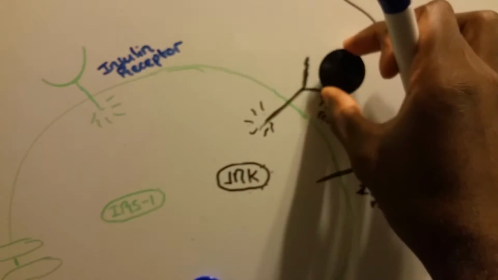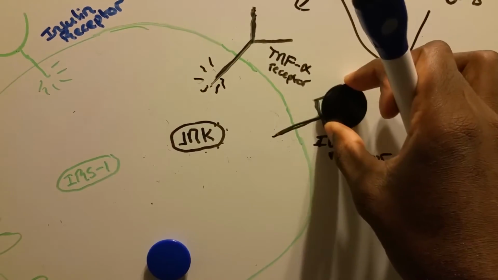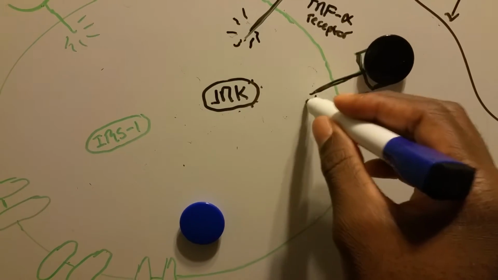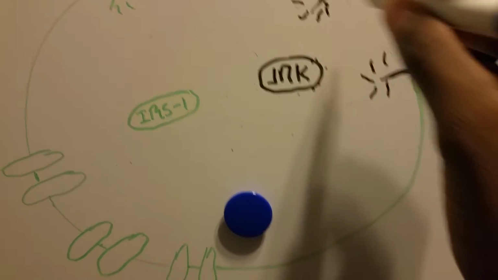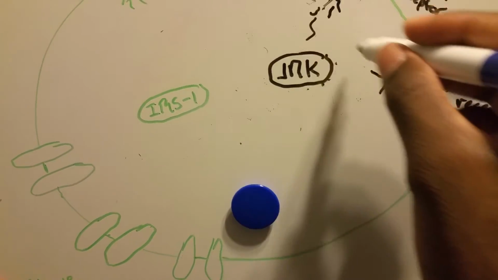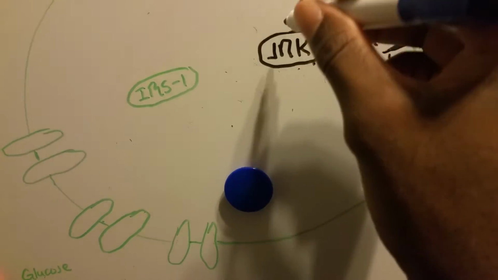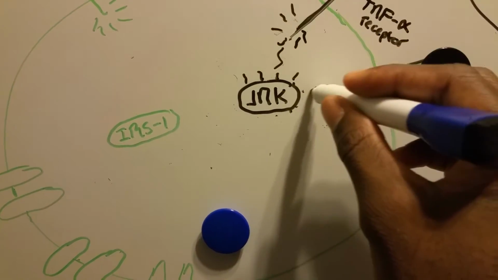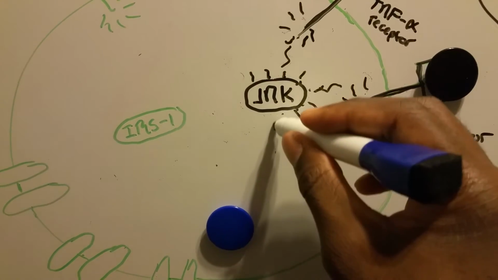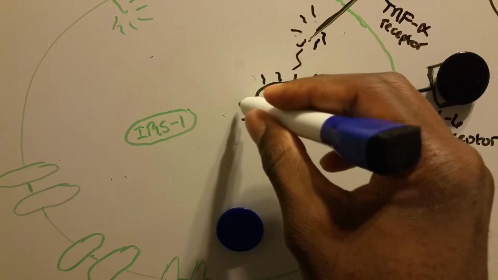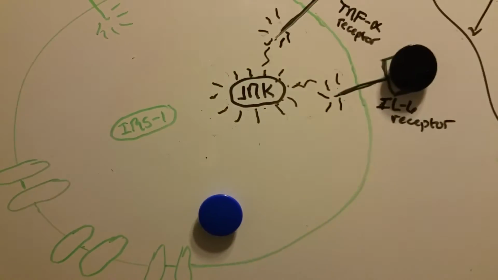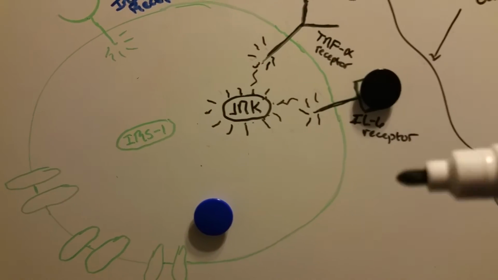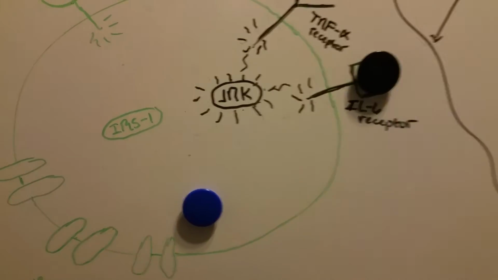Once activated, the receptor goes through a signaling cascade which leads to the activation of this MAP protein known as JNK. This MAP protein in its activated state is known as MAPK, which simply means a MAP kinase, which means that it can now phosphorylate other proteins.